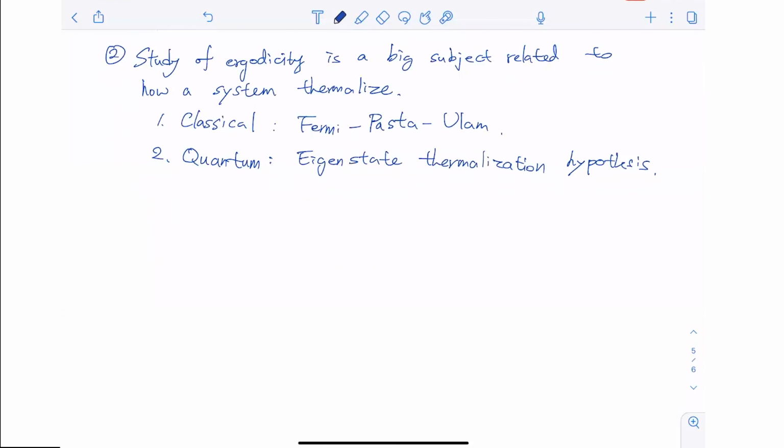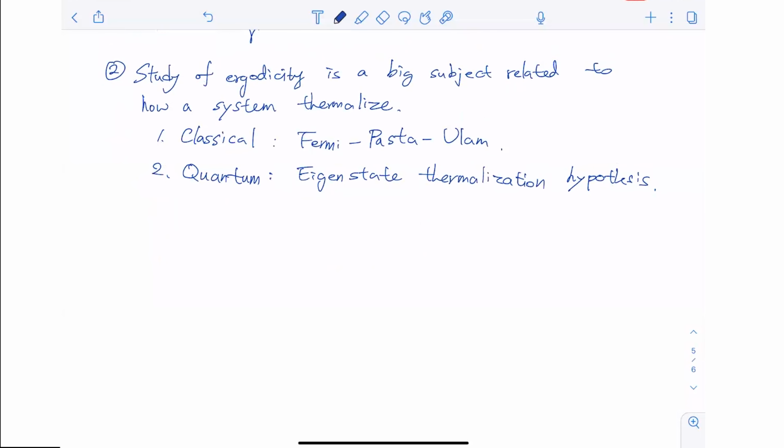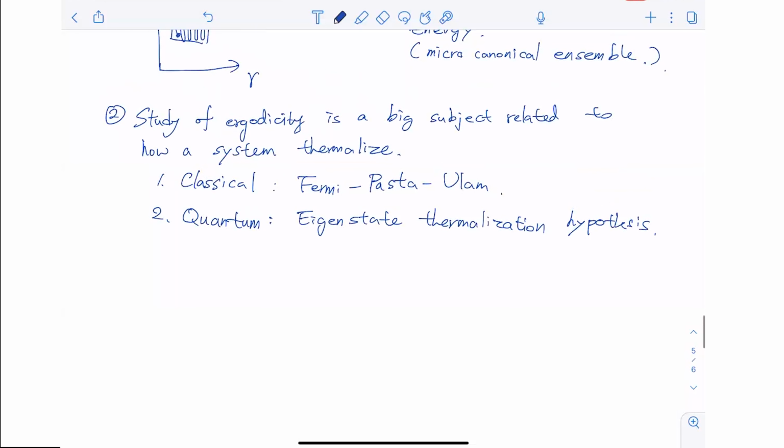So you might feel it is quite surprising that even for classical or quantum systems, how a system thermalizes is actually not yet a completely solved problem. So if you are interested in that, there are a lot of things waiting to be done. I just want to tell you that you should not be limited by this course.